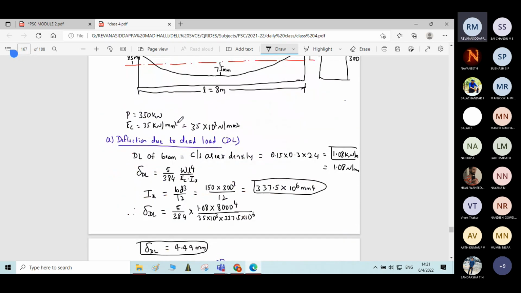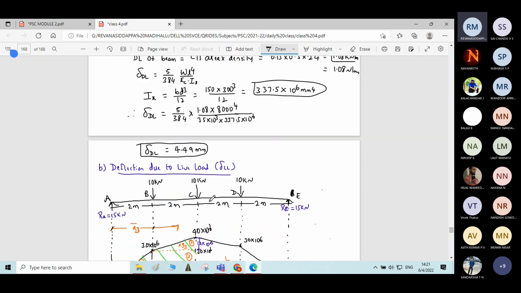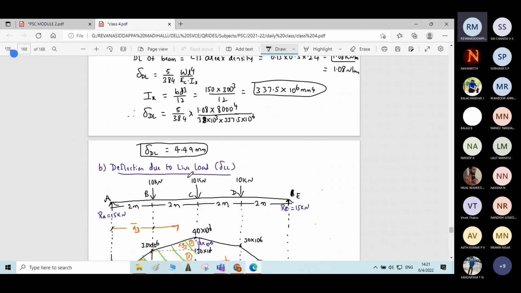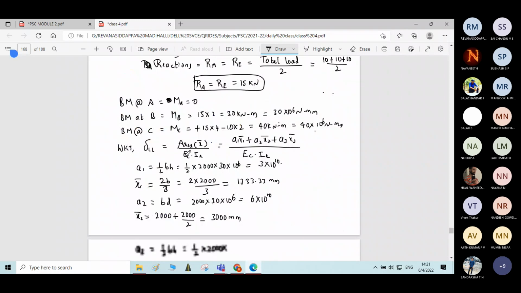So let me change the value here. It is 38. Let me write the same value here. The answer is the same, 4.49 mm only you will get. While writing, instead of taking 38, I took 35 at the beginning, but the answer which you get is the same.